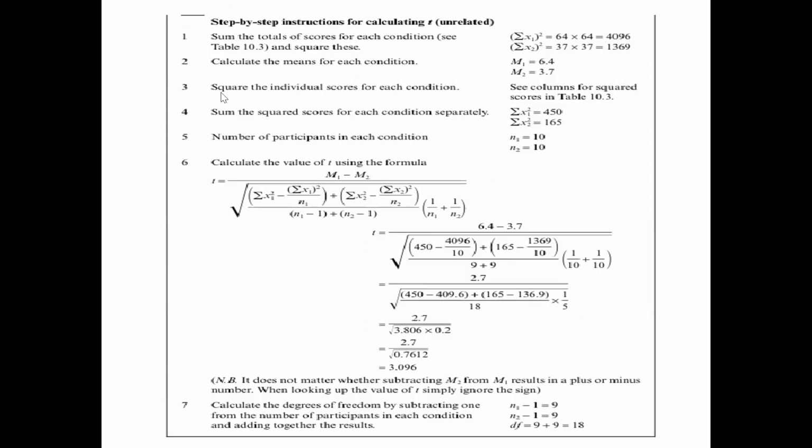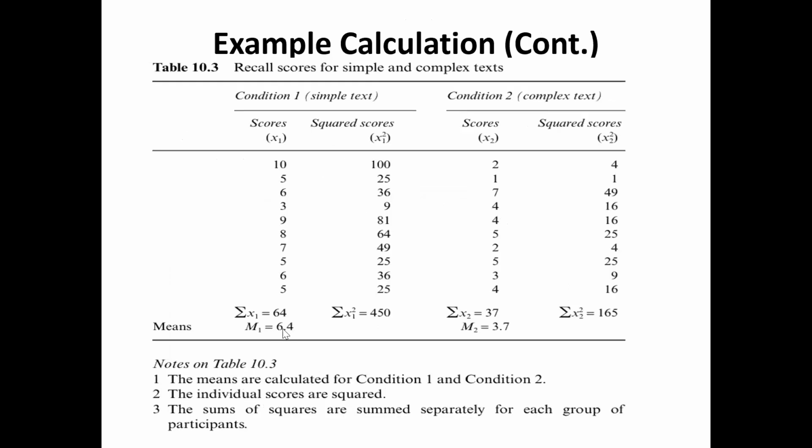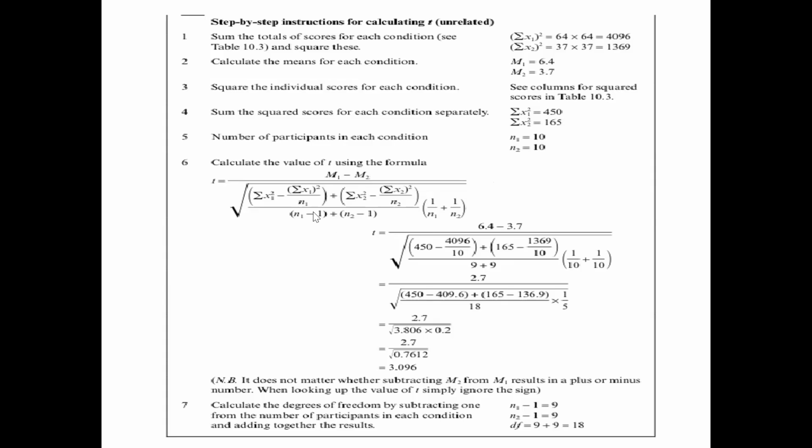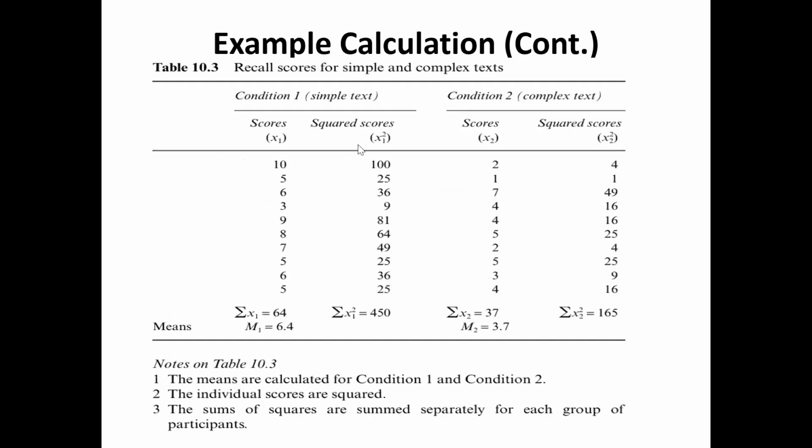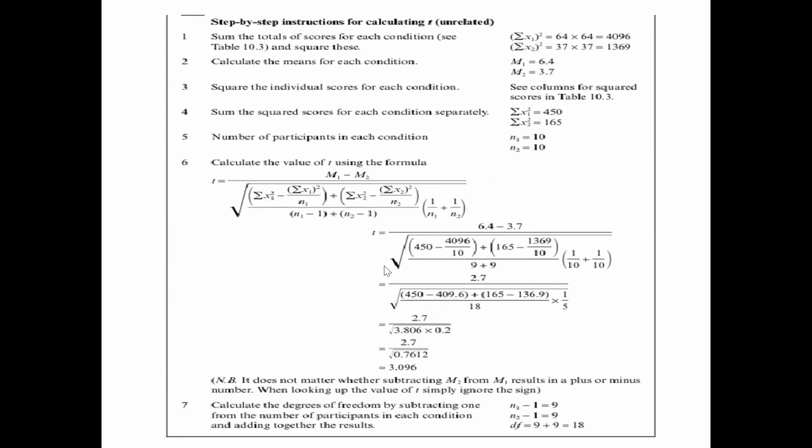Then they calculate the means for each condition. We've done that before now. You can see the mean for condition 1 and then the mean for condition 2. Then you square the individual scores for each condition. You see the column for the squared scores, and then you sum them.